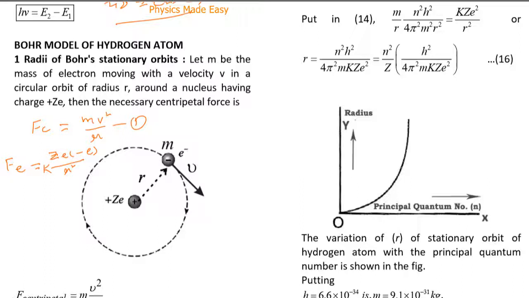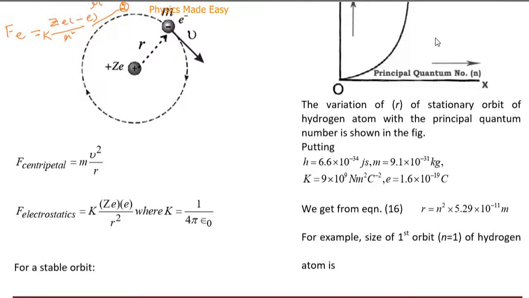now I will only be writing some part; K I shall be substituting in the end. So this is the value, and this is the electrostatic force. This equation is written here, and this second equation, for stable orbits, Fc is equal to Fe.